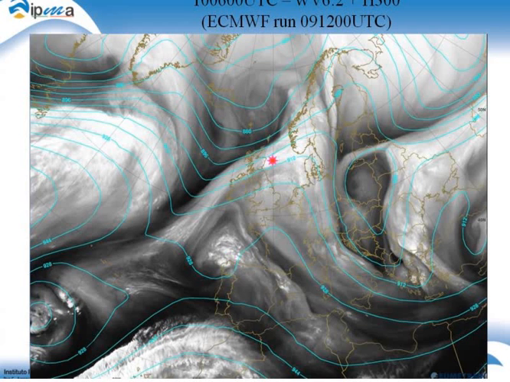And here is some frontal cloudiness associated with this long, wavy frontal system that we have, that comes from these latitudes towards the north.